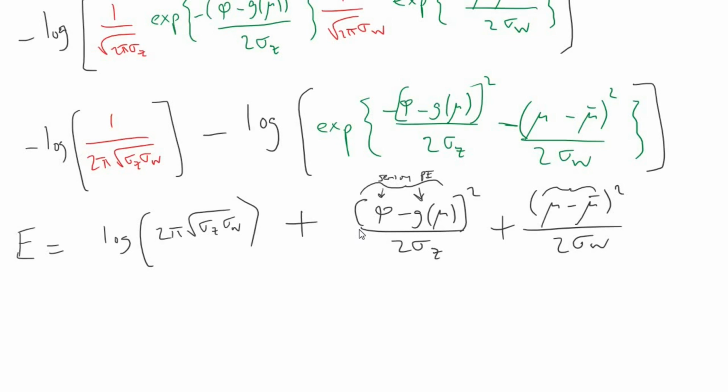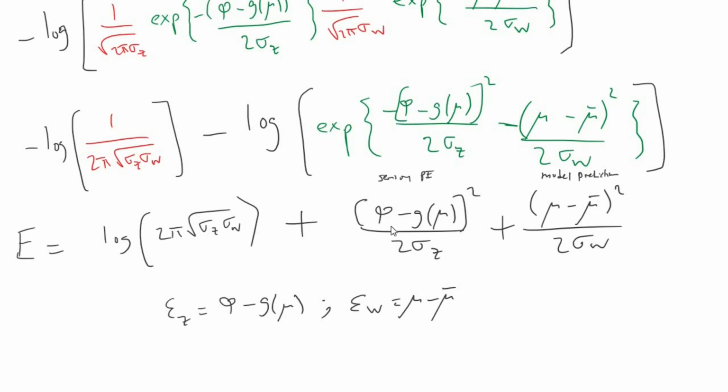And we're going to conceptualize this as a model prediction error, because the model had some kind of expectation of what mu should be, and this is the mu that was observed, or the mu at that time point. And so in this framework, these are going to be labeled as epsilon z, and epsilon w for the model prediction error. But for now, we won't worry about these.